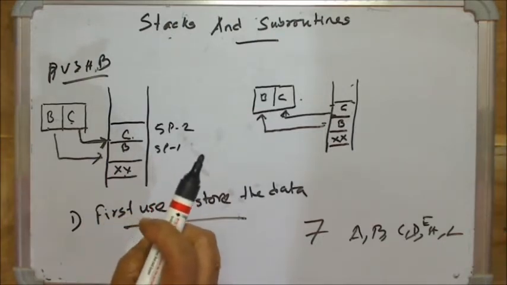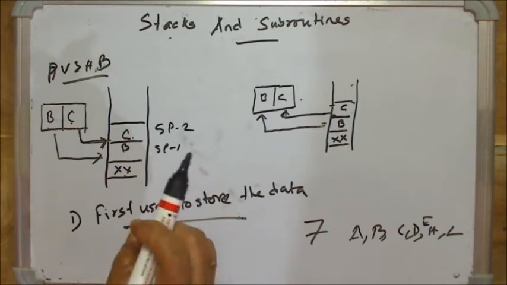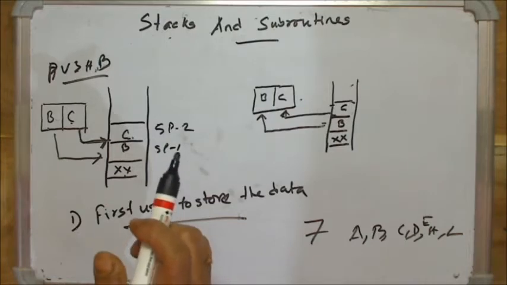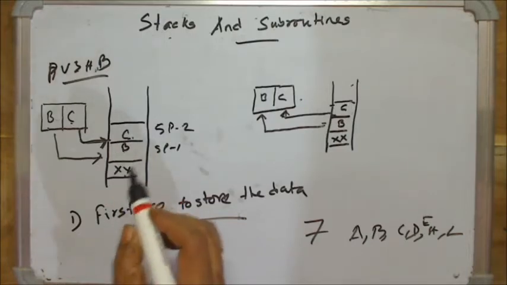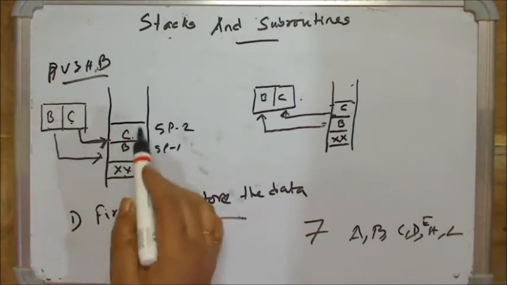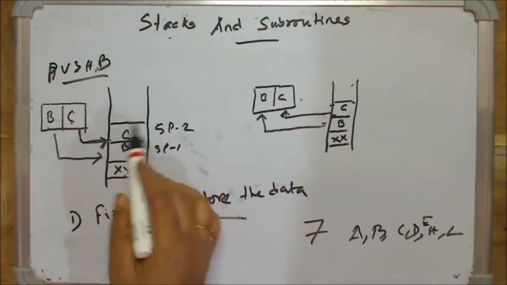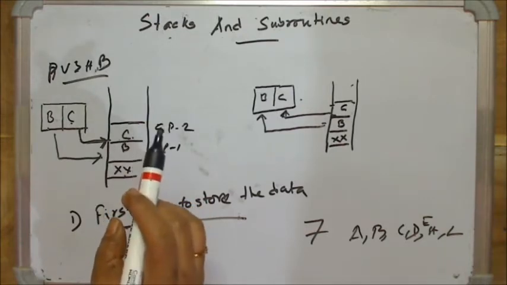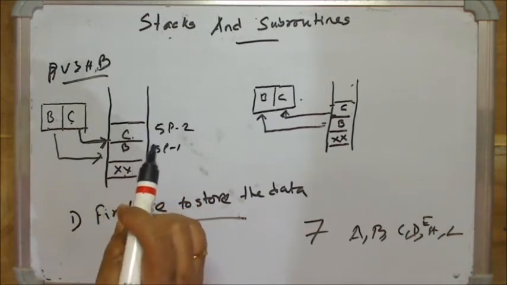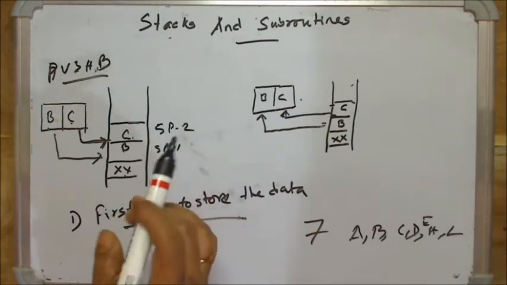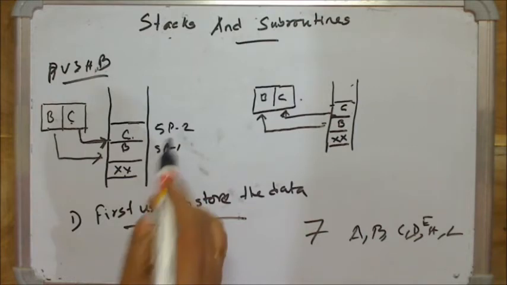I hope you remember the push and pop instructions. Once this is pushed into the stack, the BC pair gets free, because the contents of the BC pair are stored in the stack. So you can use it for anything. Your original value is secured in the stack.